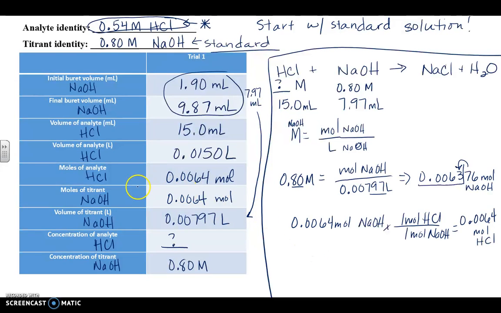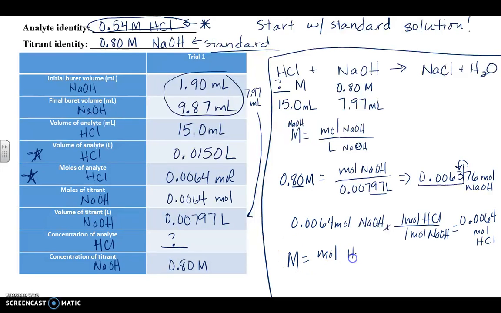All right, so now we have our moles of analyte. We have the volume of analyte that we used, and we're going to use those to find the molarity because that's the final thing that we're looking for, right? We're trying to figure out if we really did make a 0.54 solution or if we thought we did and we didn't do it right. Okay, so we're going to plug that into the molarity equation.